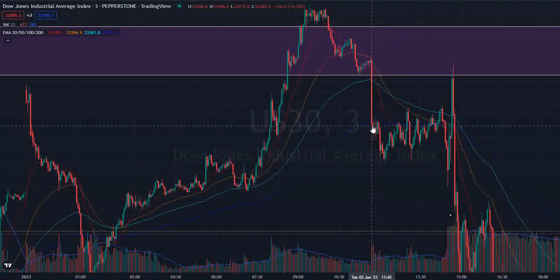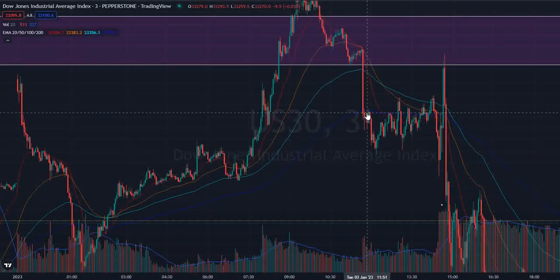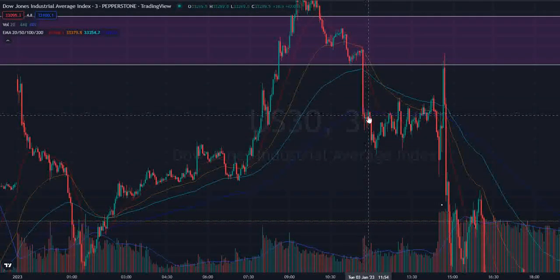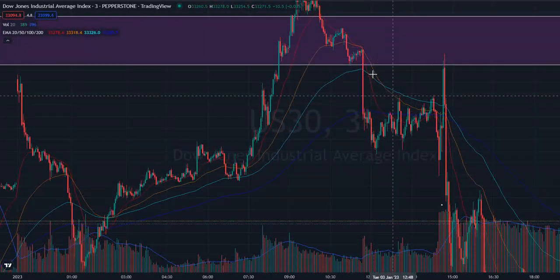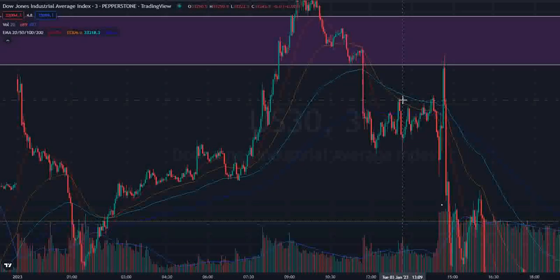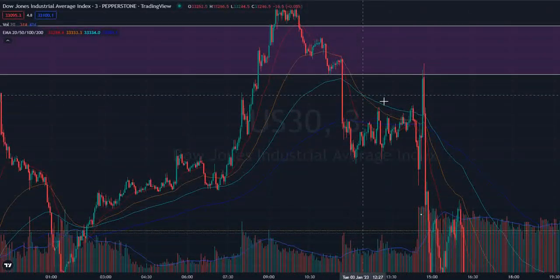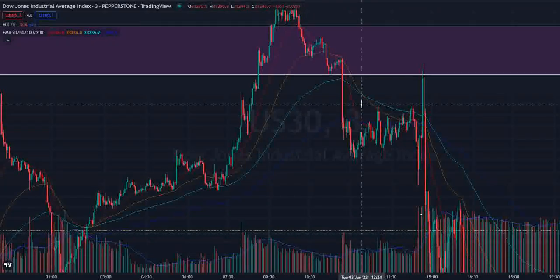So what you could have done is either entered here as well, or waited. The market went down and consolidated. As you can see, it went close to the EMAs.